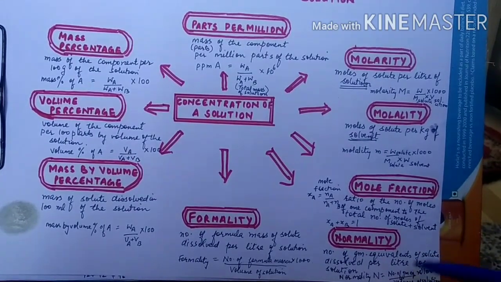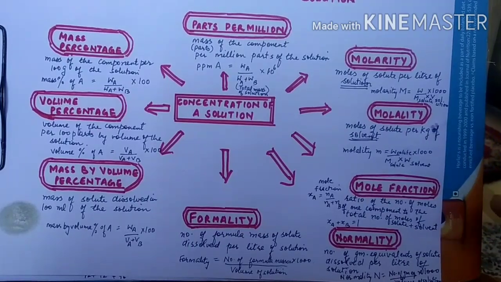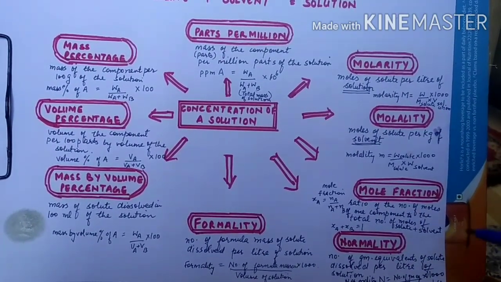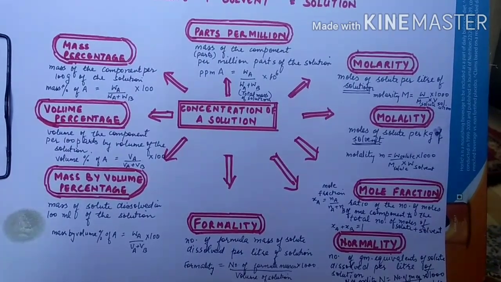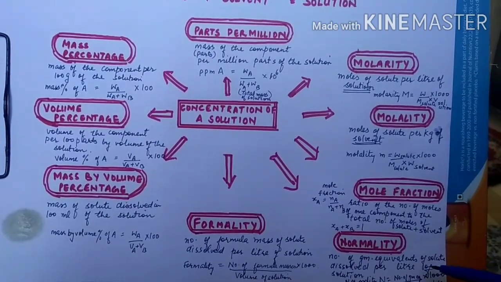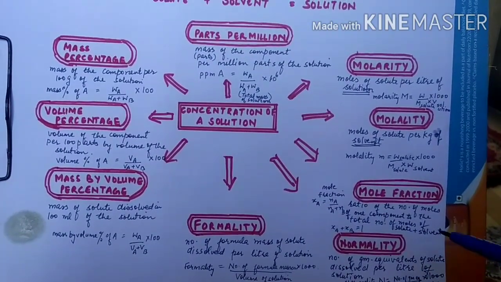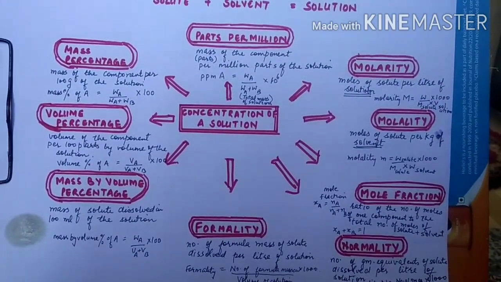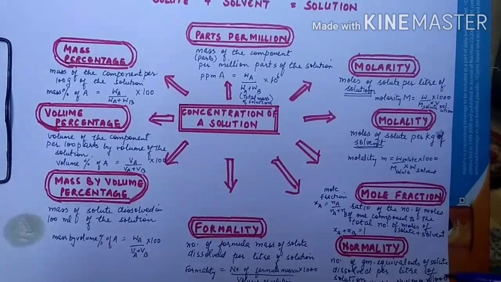Just like you calculated the number of moles by dividing mass with molar mass, we can calculate the number of gram equivalents by dividing mass with equivalent mass. The equivalent mass you can also find out by dividing the molar mass with the number of electrons it gains or loses during the reaction.